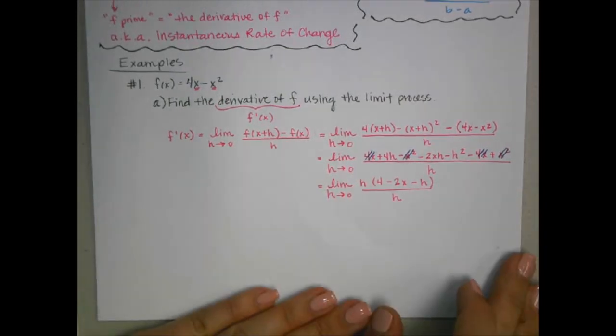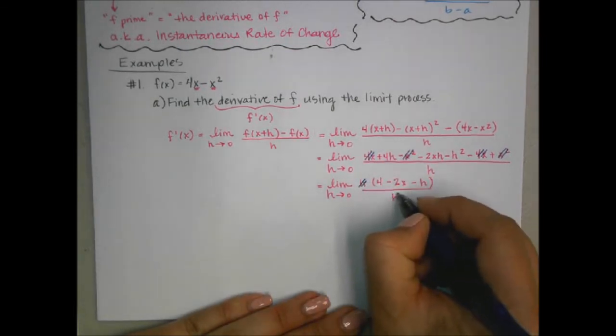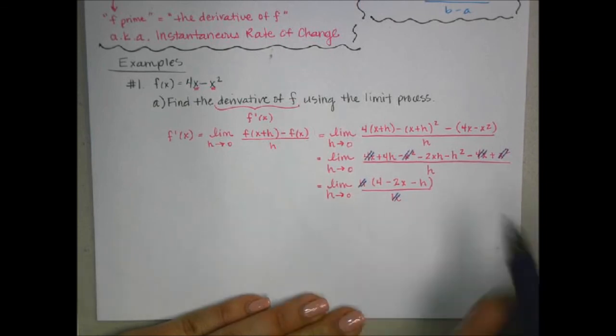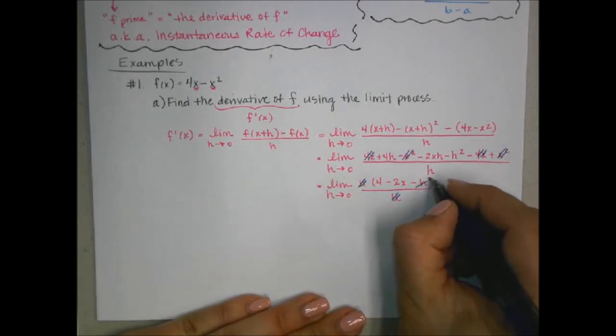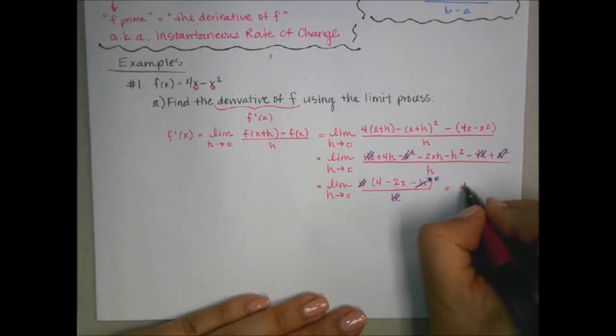Okay, here I'm reducing, so h over h. Now it's safe to plug in 0 for any remaining h in the problem, which would be this one here. And we're left with 4 minus 2x.